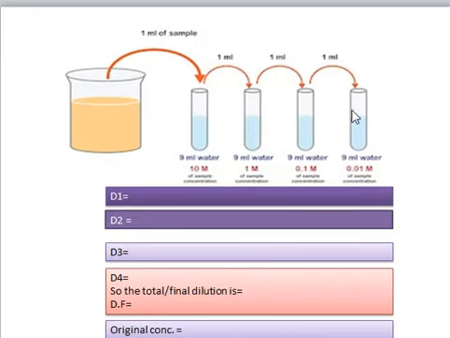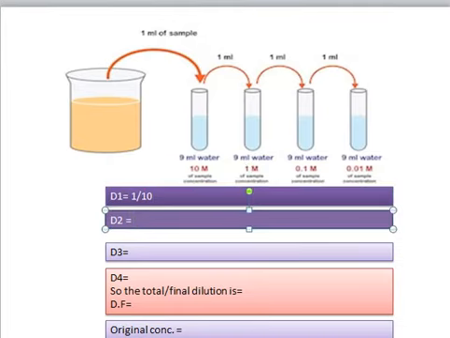So the dilution for tube 1 will be 1 to 10, or 1 over 10.